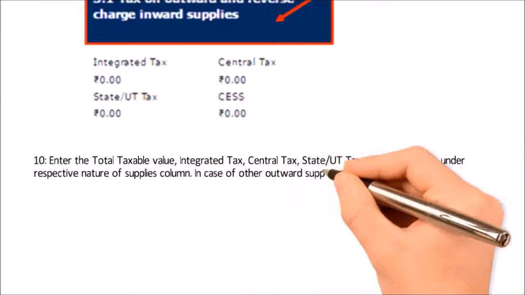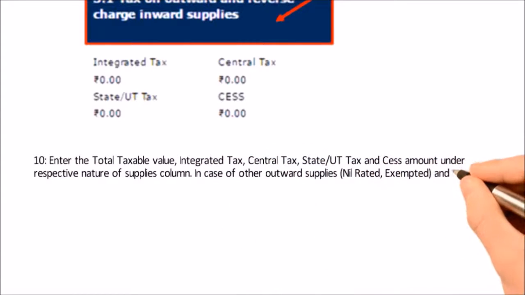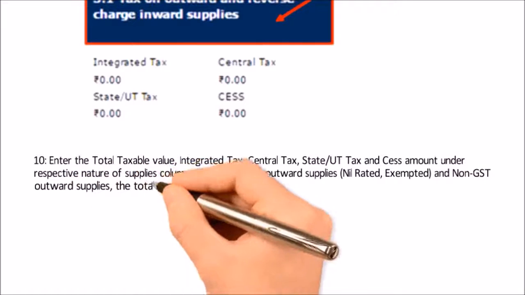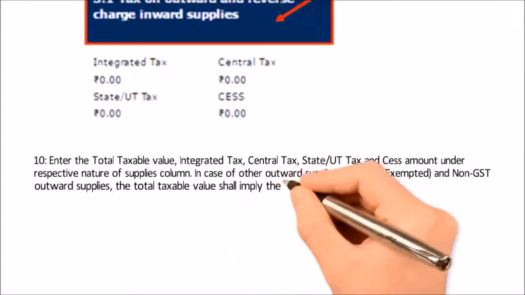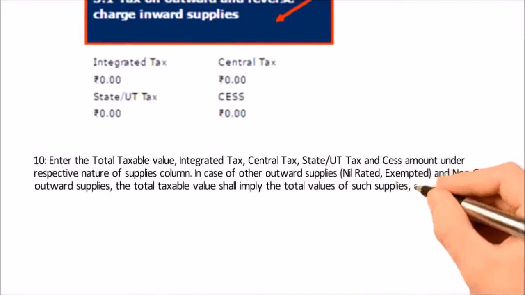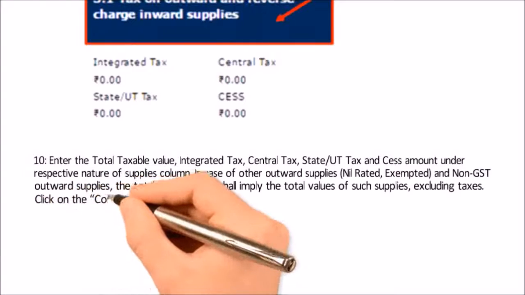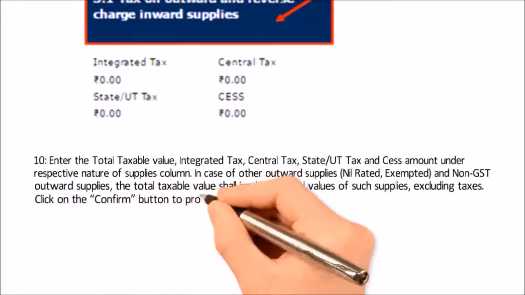In case of other outward supplies, nil rated, exempted and non-GST outward supplies, the total taxable value shall imply the total values of such supplies, excluding taxes. Click on the Confirm button to proceed.